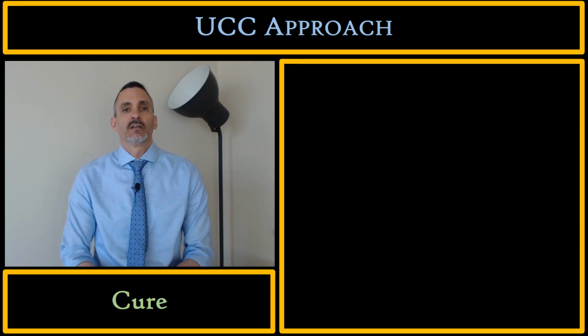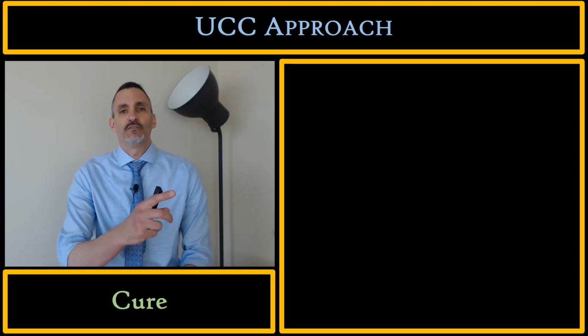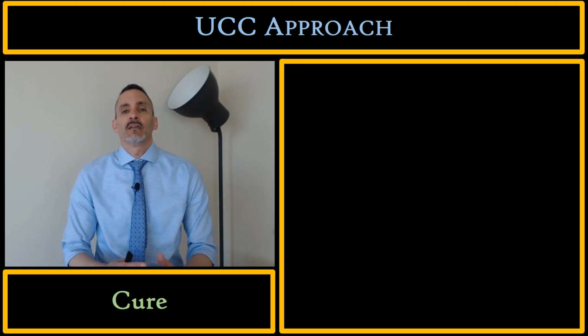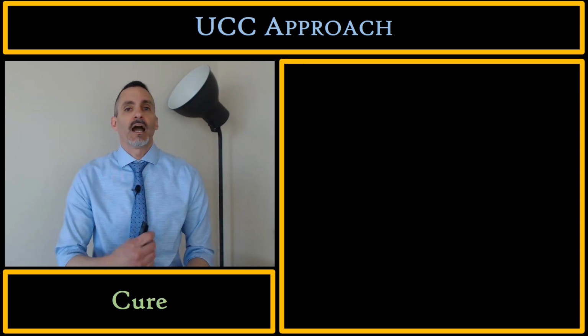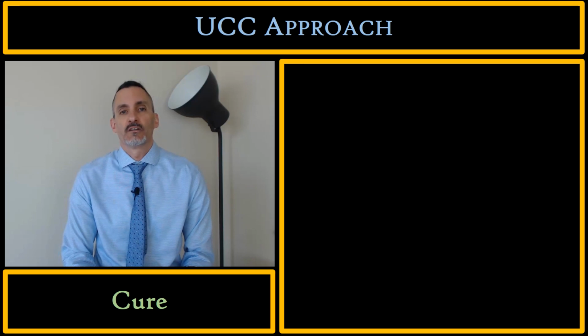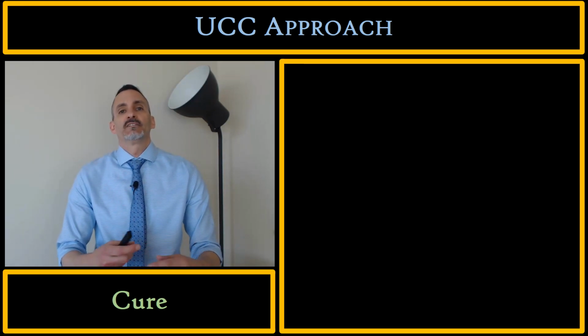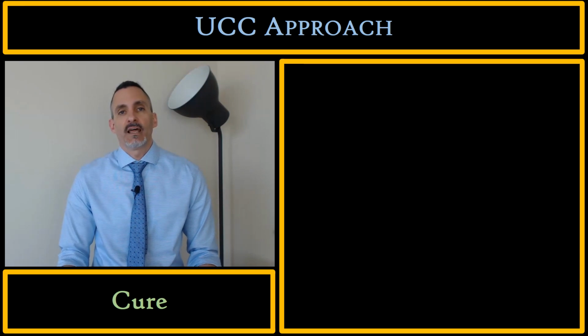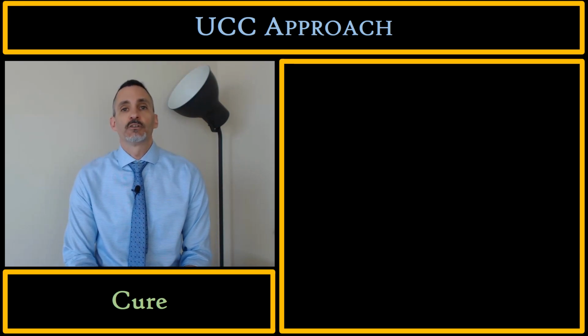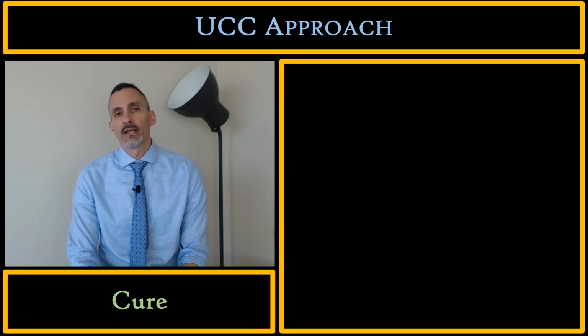Seller must tender perfectly. If seller does not tender perfectly, buyer has an opportunity to reject the goods and sue for breach. So it's very important that seller have an opportunity to cure. And the UCC does give seller the right to cure.